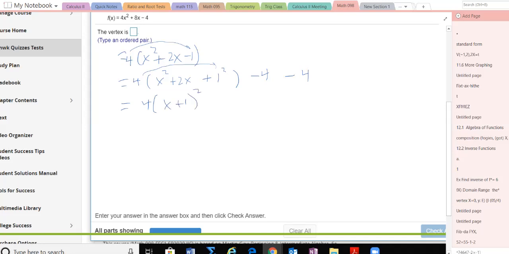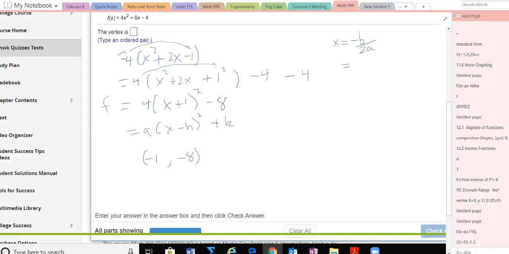That's what it looks like. I got minus 8 here. So now I can see I have my standard form. This is a times x minus h, quantity squared, plus k. So we can see our vertex is -1 and -8.